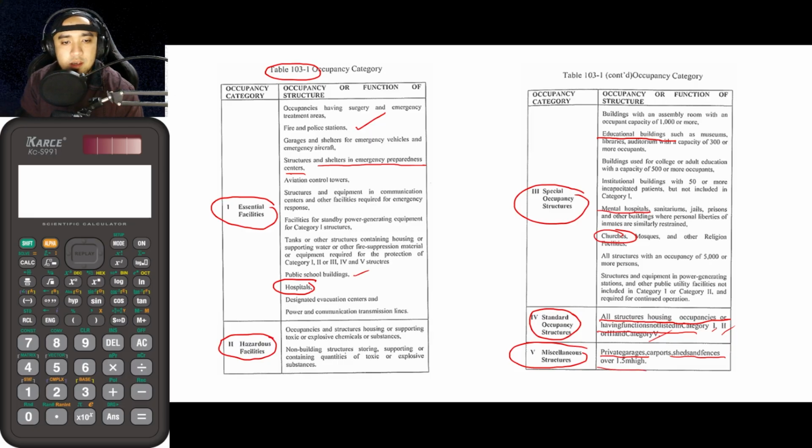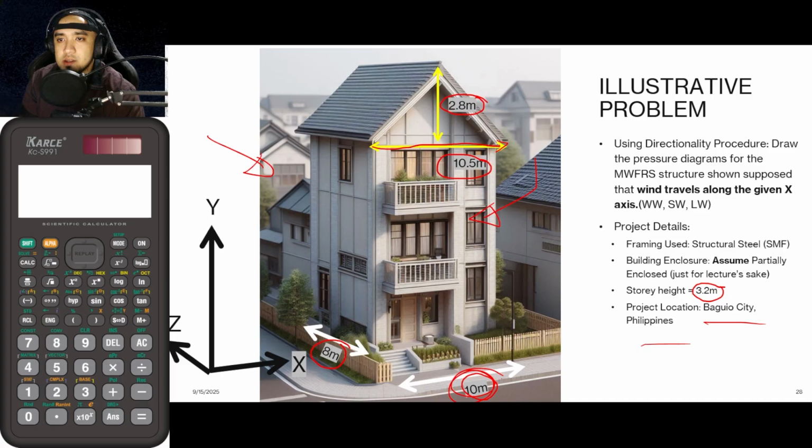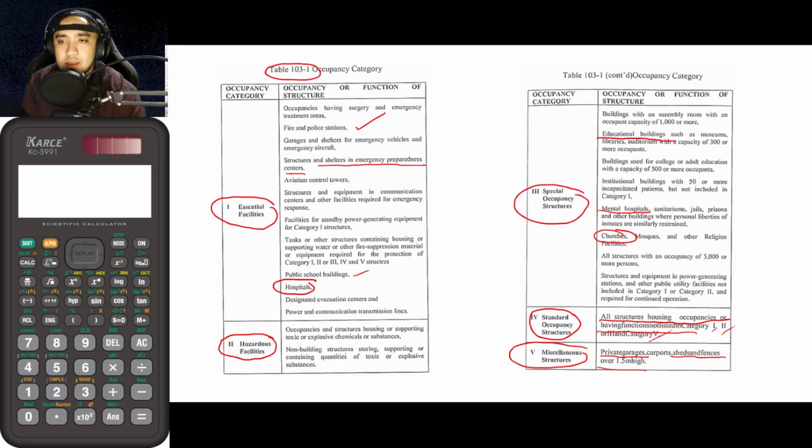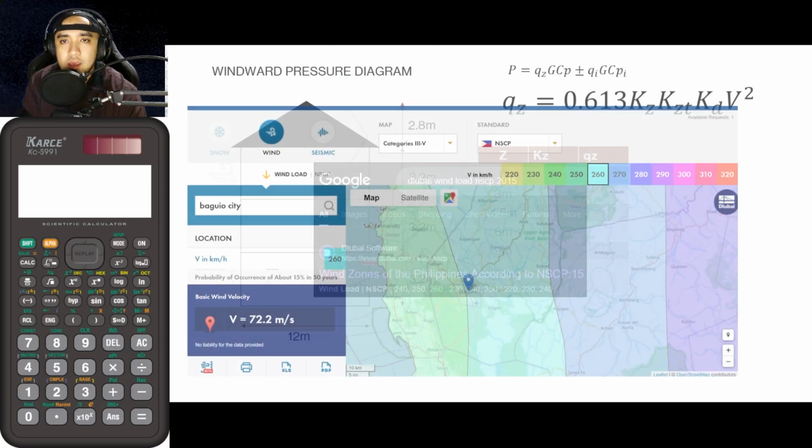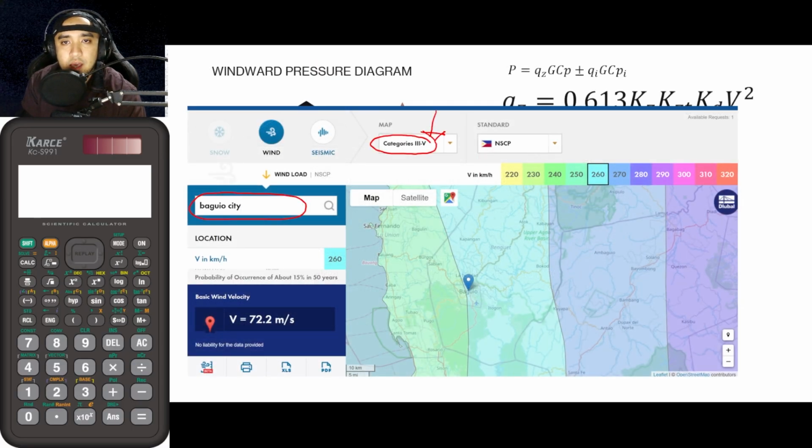Since our structure is actually a residential structure, we would be considering our structure as category number 4. That is the reason why in this interface, I chose category 3 to 5. Okay, so upon typing Baguio City and clicking category 3 to 5, the location will now be pinned.